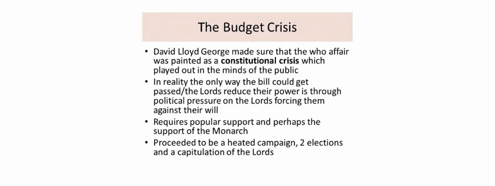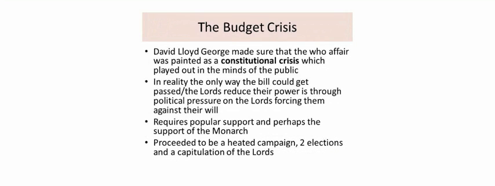Because pretty much everyone, apart from the Lords and a couple of die-hard Conservatives, basically like the idea that the Commons are in control, not the House of Lords. So by painting it as a constitutional issue, rather than making this an argument about what should happen to the bill, David Lloyd George is making sure that he is getting as many supporters as possible.